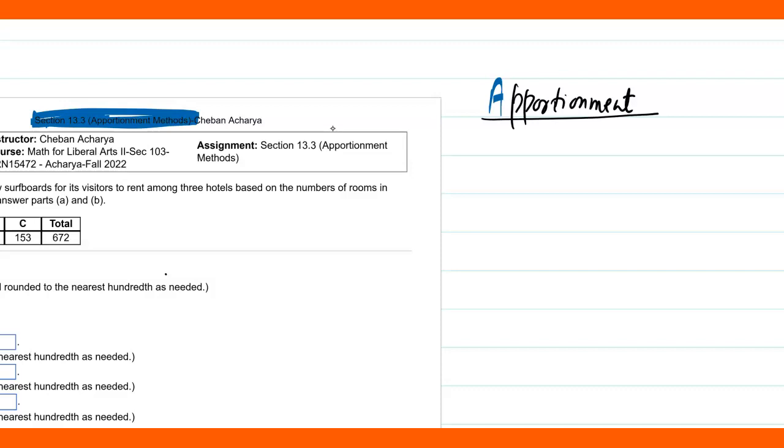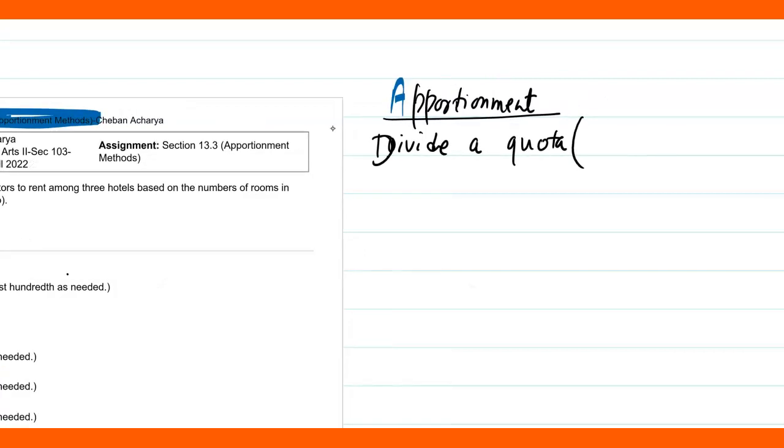Apportion means you divide a quota. Okay, I'll mention later what quota is going to be. Also called allocated item.